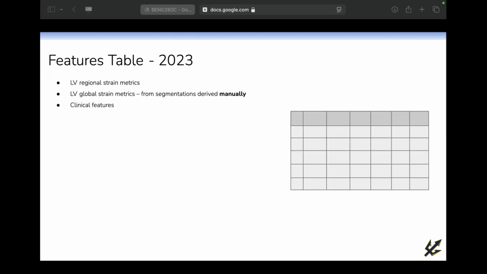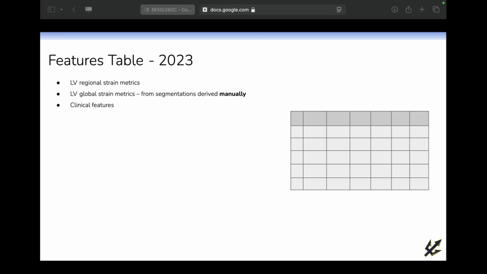And first, I just want to review the features table and what it is. These are the contents of the original features table that Ashish used back in 2023. The table includes clinical features as well as left ventricle regional and global metrics. But what's important is that these strain values were calculated from segmentations that were drawn manually.